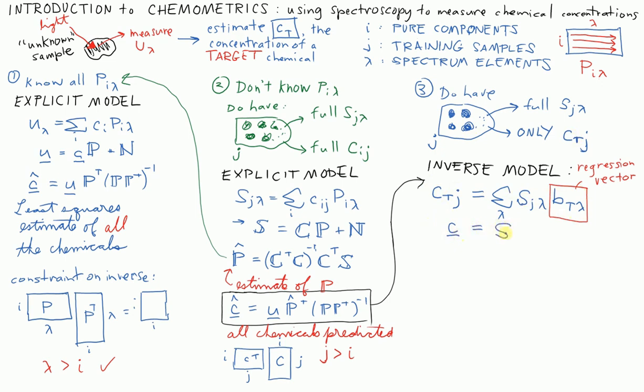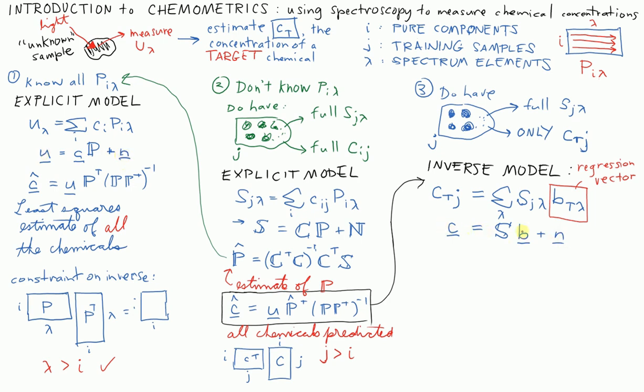I have a matrix S, as before, times a vector B. And again, there could be some noise. And I'll notice here I made an error earlier. This capital noise vector here really should have been, it was not a matrix, it was just a vector of only one dimension, just like that.